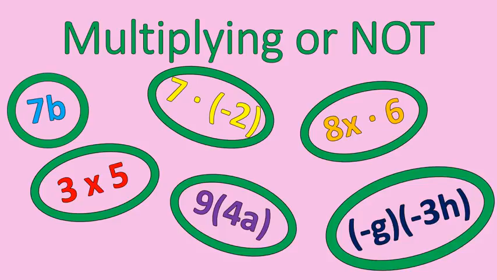A parenthesis right next to a parenthesis, a parenthesis right next to a number, a parenthesis next to that dot, a number right next to a letter, or as the older way of doing it, 3 times x there, or just a variable next to a number. This is why we're doing a video on this, because there's lots of different ways to show multiplication. So all of these mean multiplication.